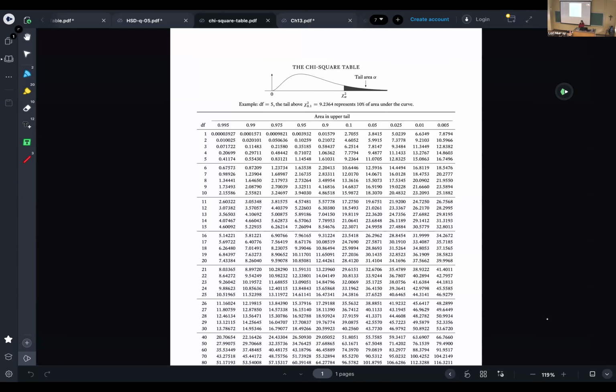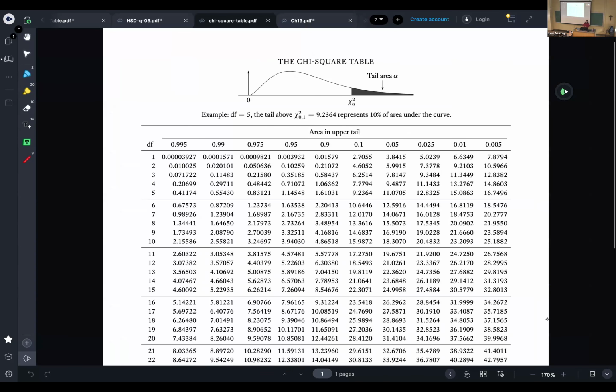You remember the chi-square table from Econ 2222? Looks familiar? We use this one here and we're going to look at this column. Alpha 0.05 on 3 degrees of freedom, because there were 4 groups. K is the number of groups, so K minus 1 is equal to 4 minus 1, which is 3 degrees of freedom.